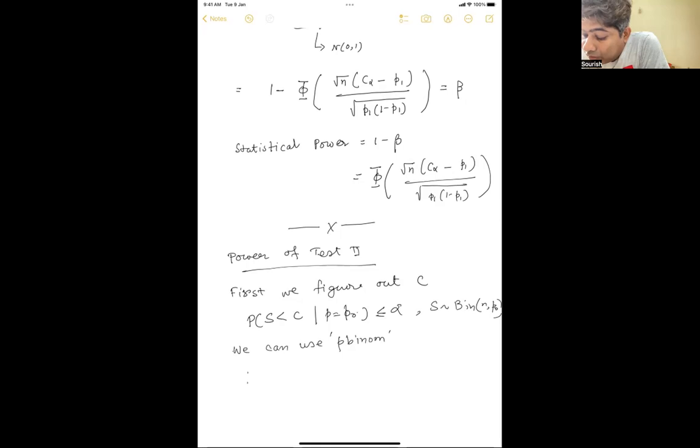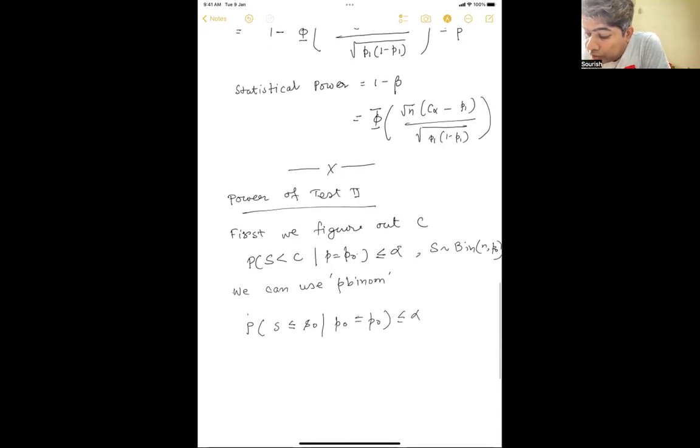So basically what we need to figure out is S naught such that probability of S less than or equal to S naught given P equal to P naught is less than or equal to alpha, and probability of S less than or equal to S naught plus 1 given P equal to P naught is strictly greater than alpha.